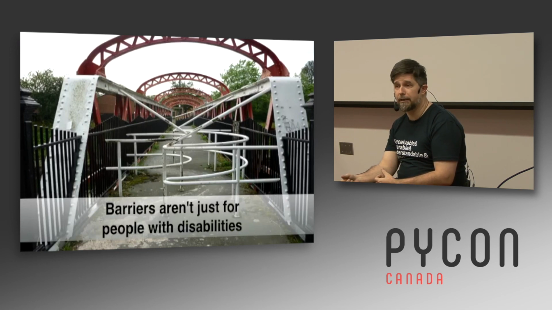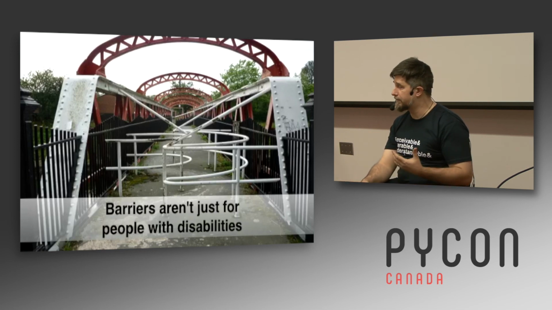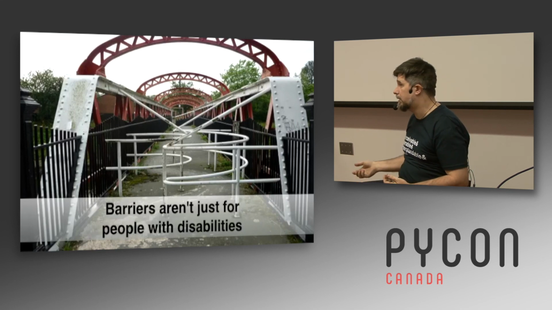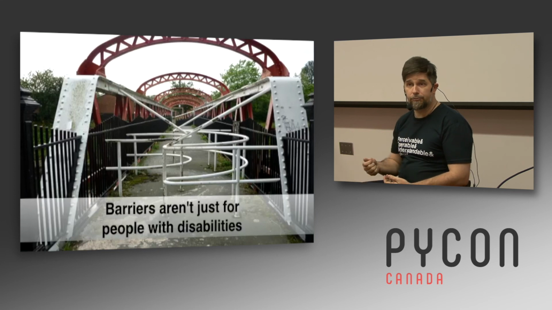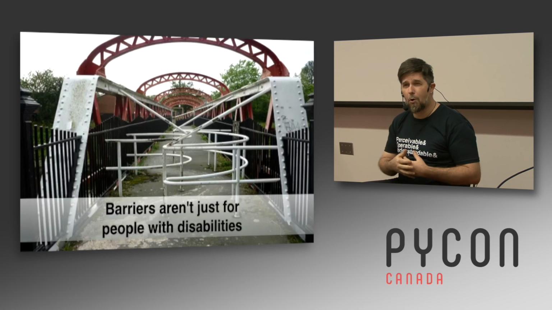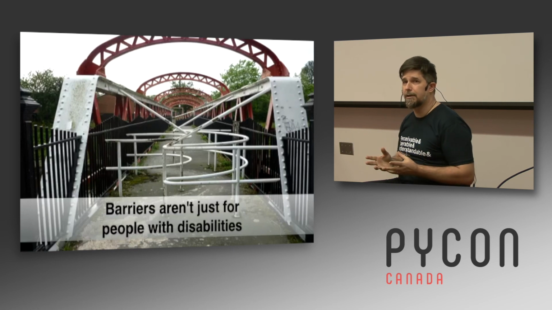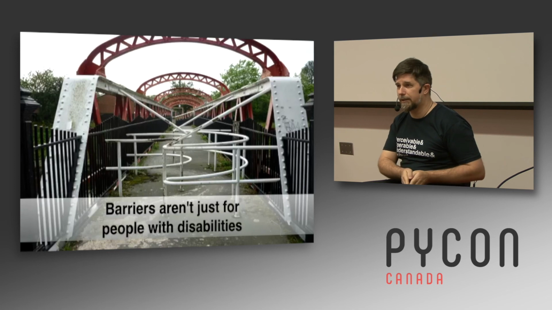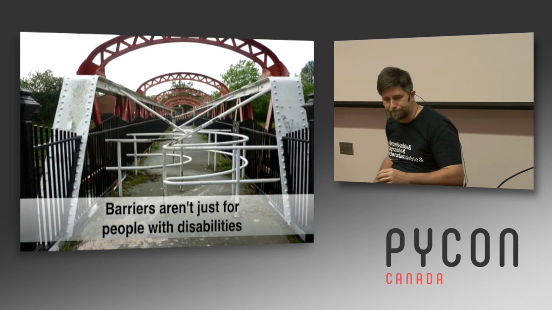If you build a site and use plain English to write the text, people with dyslexia and cognitive learning disabilities will thank you, but so will someone who's a non-native English speaker, and Google Translate is going to thank you because it's going to be easier to translate. So there's a whole range of things that can be done for accessibility that benefit everyone.